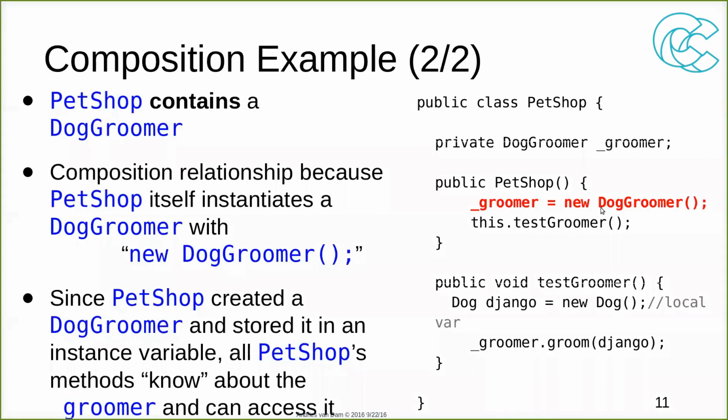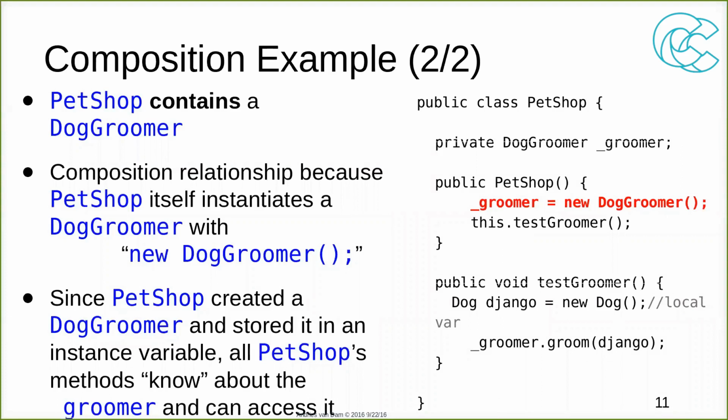Both of these classes have an array. The pet shop has an array of groomers, and the groomer class has an array of pet shops that a particular groomer works for. So suppose now my pet shop instance gets deleted.